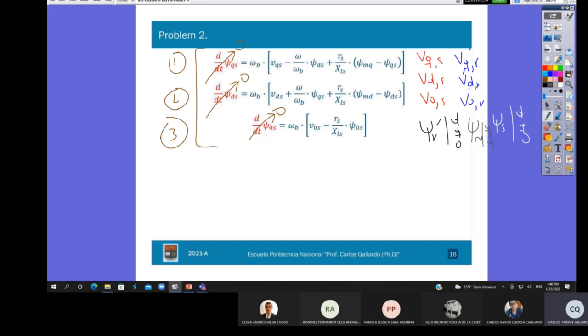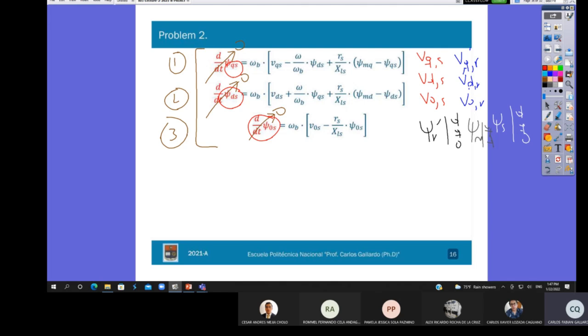So I will have 8 unknowns, and for the stator side I will have 3 equations. This is only for the stator side. So I will have the flux in the quadrature axis, this is my first equation, the direct axis flux, and the zero axis flux.